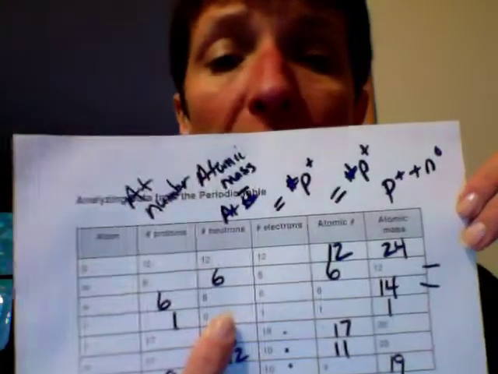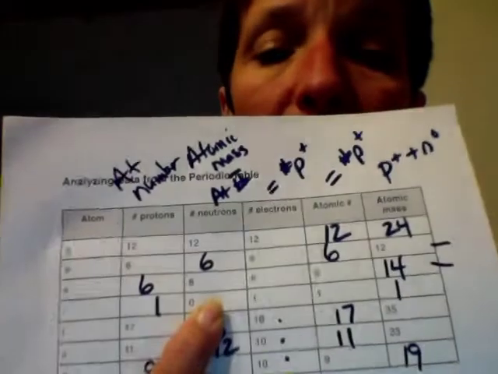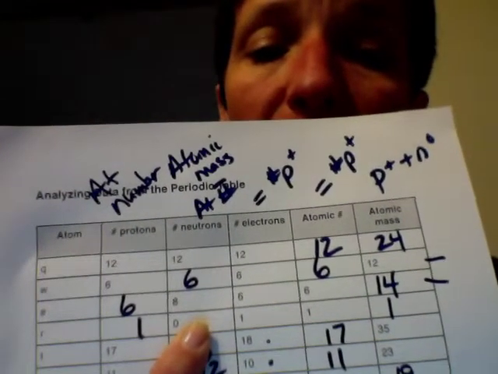So the next thing that we need to do is look at W and E and see, do they have different numbers of neutrons? Well, one has 6 and one has 8. So they do have different numbers of neutrons. So W and E are isotopes of each other. Why? Because 1, they have the same atomic number, and 2, they have a different number of neutrons.